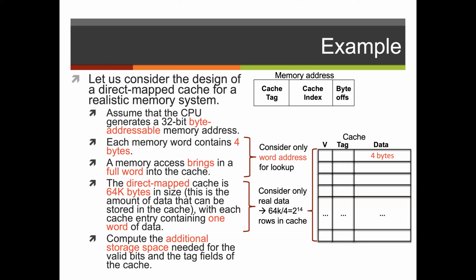And so we want to consider only word addresses for the lookup. In this case, we'll have our cache tag being 16 bits, cache index 14, and our byte offset being 2.